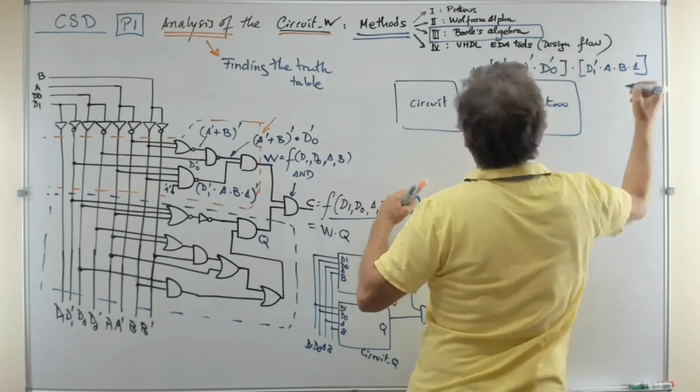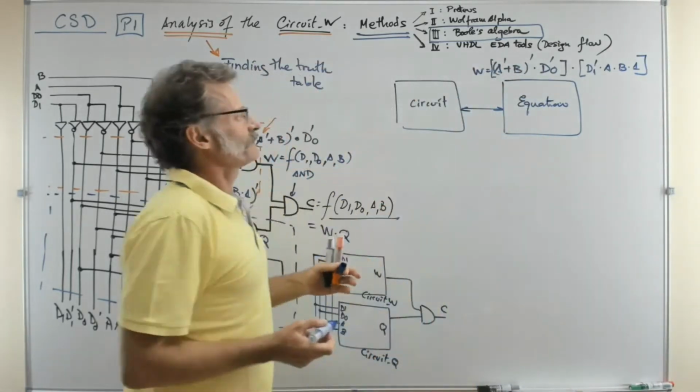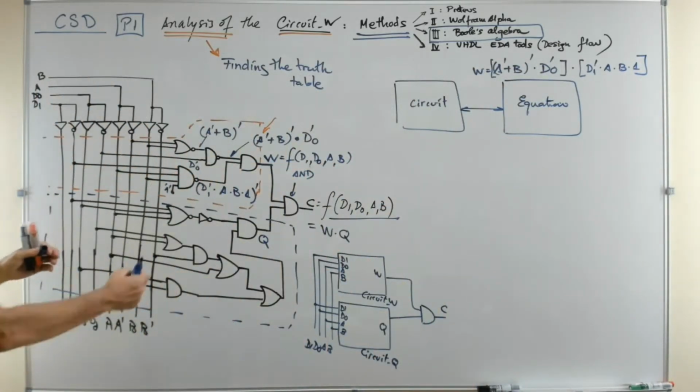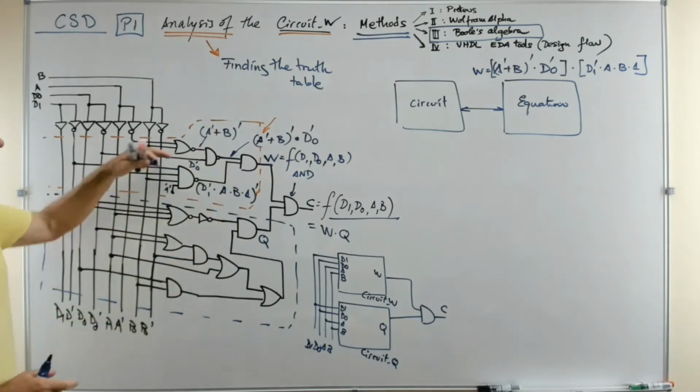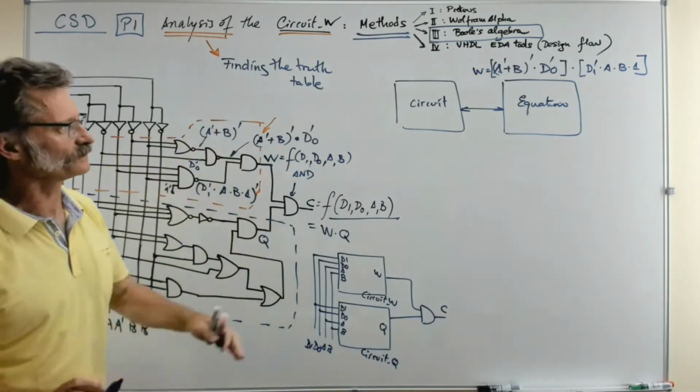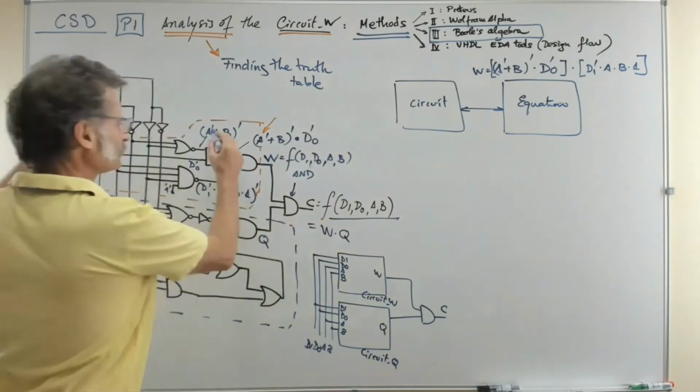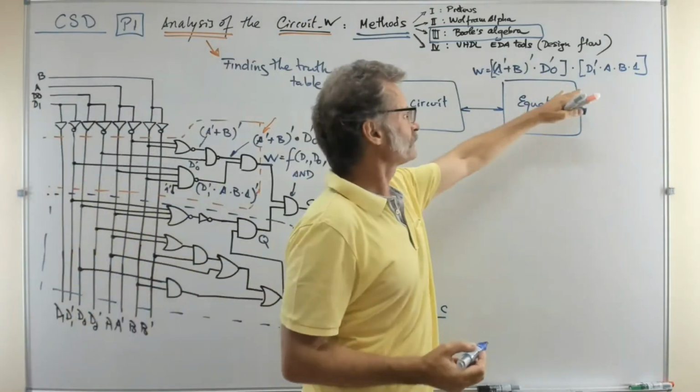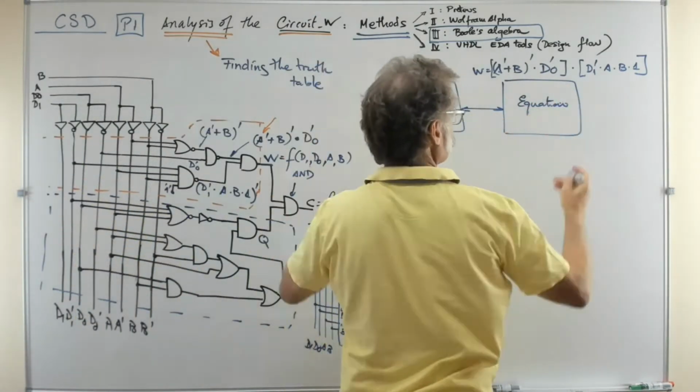So this is the equation that we are referring to here. The equation is the perfect translation of the circuit or logic circuit analysis. So this is the circuit, what you've got here, and on the side there is the equation. So both are exactly the same thing.